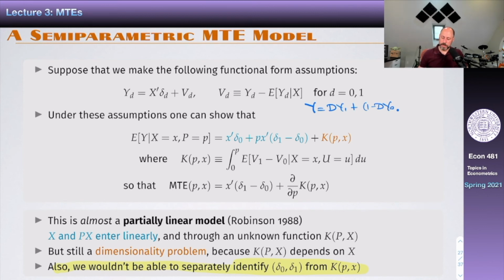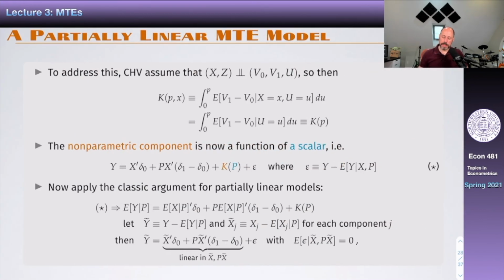So what do we do? What Carneiro, Heckman, and Vytlacil do is to introduce an assumption. This is a very strong assumption. We're going to discuss it and actually relax it later. It says that x and z are independent of the b's and u's. Okay, so essentially, it's saying that the x's over here are exogenous.